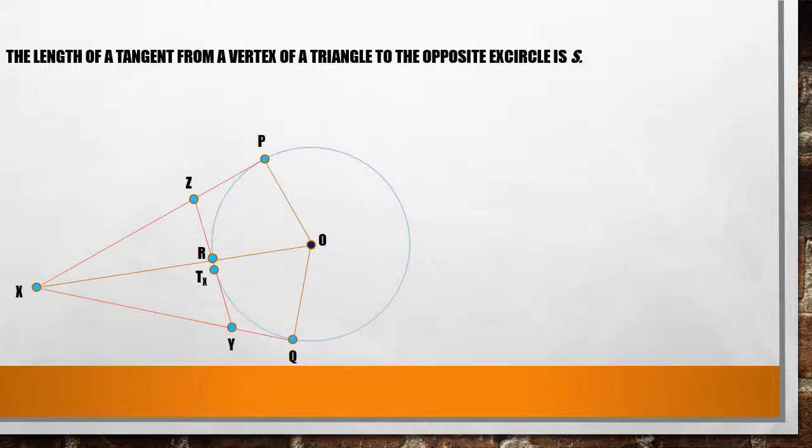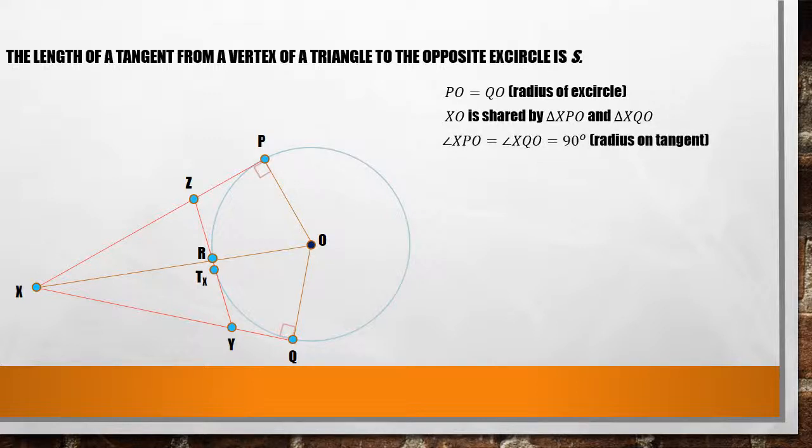Now, first let's notice that the length of PO is the same as the length of QO, since they're both the radius of the X-circle. Then we notice that the length XO is shared by two triangles, triangle XPO and triangle XQO. What can we do with that? Notice that XP, since it's tangent to the circle, is going to be perpendicular to the radius OP.